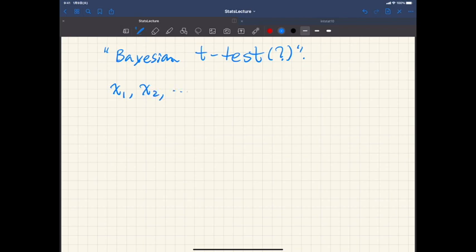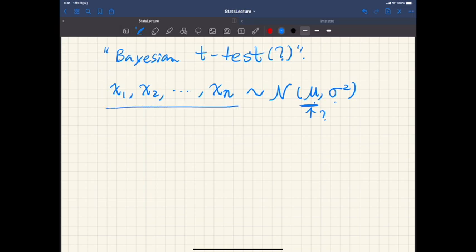These are independent observations of some random variable that are assumed to follow the same normal distribution with the mean mu and the variance sigma squared. Now what we are interested in is to derive the distribution of this mu. What kind of distribution does this mu follow given this data?